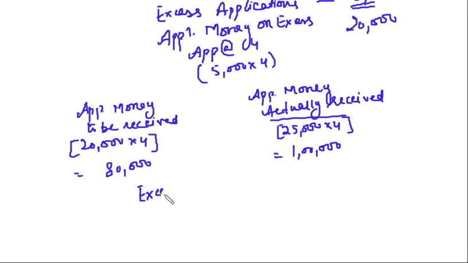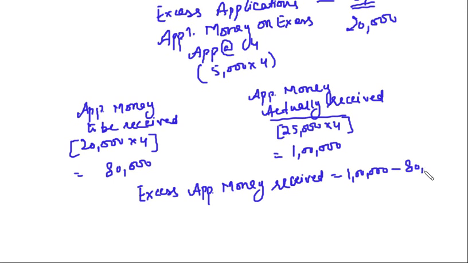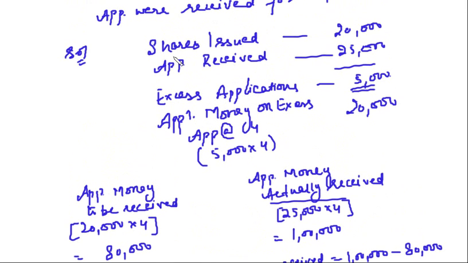So what is the excess application money received? This comes to 1 lakh, actually received, minus what should have been received. This is the excess application money that you have received. So I have explained you in two ways. Applications received minus the shares issued, whatever the excess applications you have received, on those excess applications you have received application money at the rate of rupees 4. That is the excess application money that you have received. Clear?